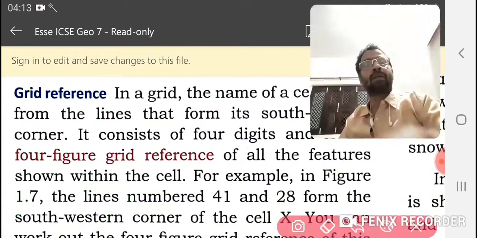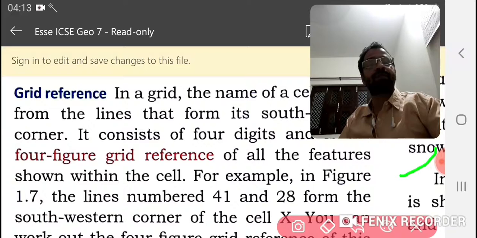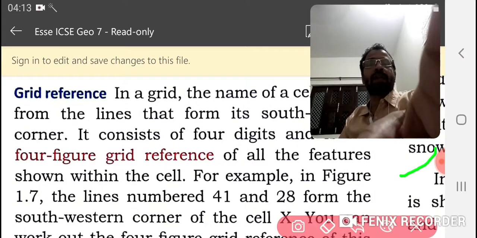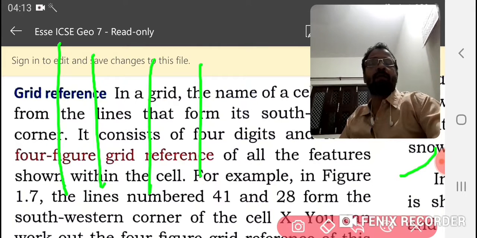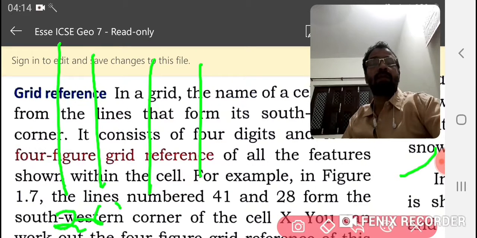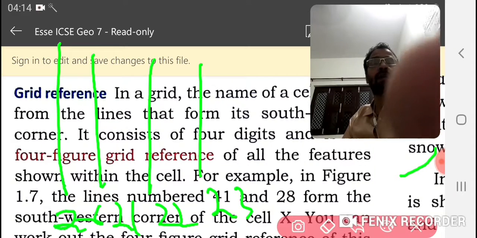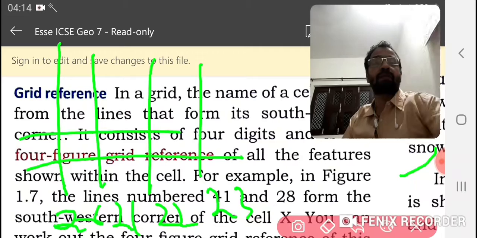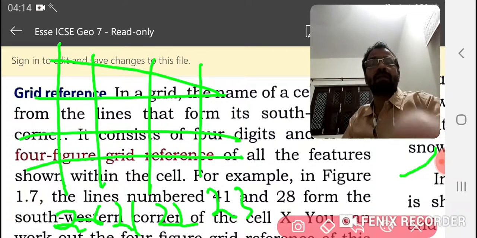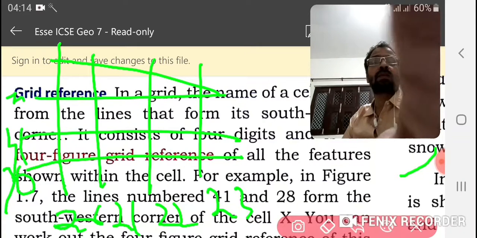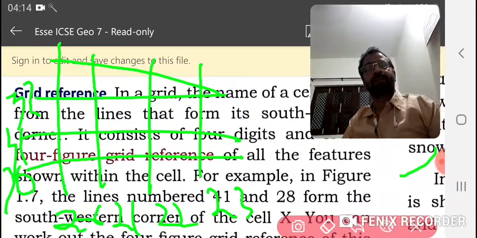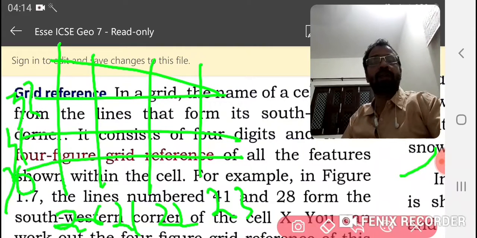So this is what, a 4-digit grid reference. Do you understand what I said? Once again I am explaining to you. For the first line, this is easting. Let us give the numbers 20, 21, 22, 23. And now northing. Let us give the numbers 30, 31, 32, etc. And let us take first 21.